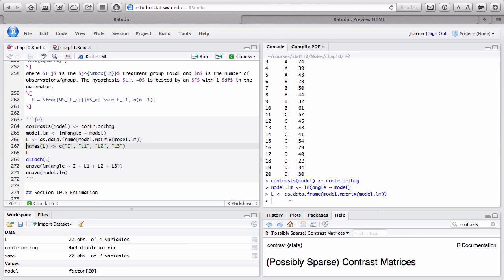Now, if I do a model.matrix, well, I don't really need to do it because again, I'm getting a model matrix. I'm coercing it to a data frame, and again, if I just type out model.matrix of model.lm, let's see if I would spell it correctly.